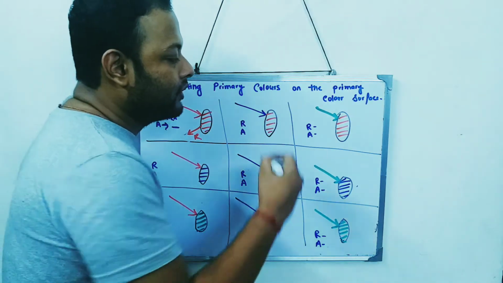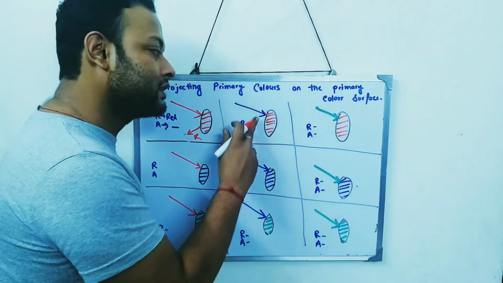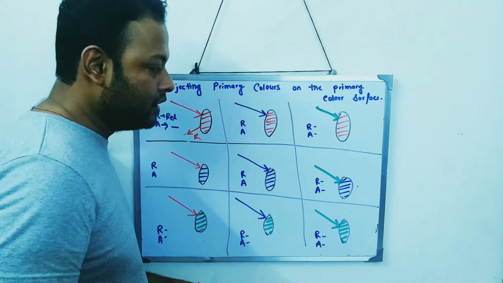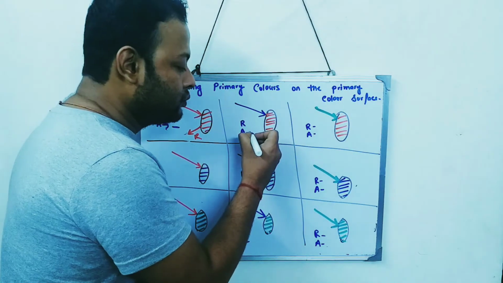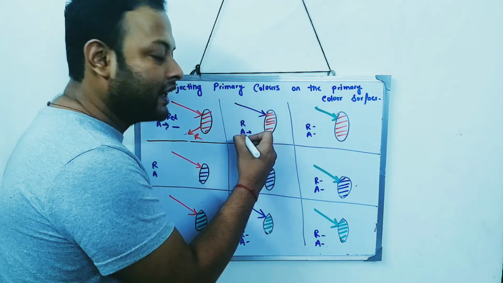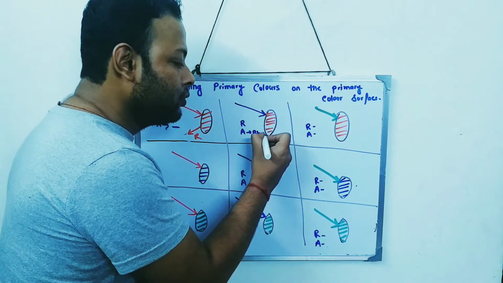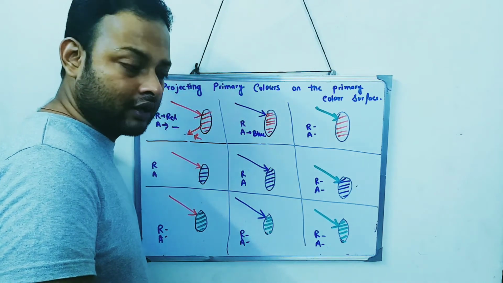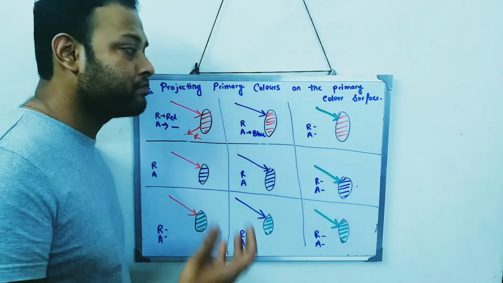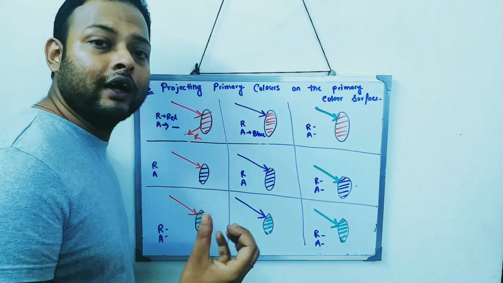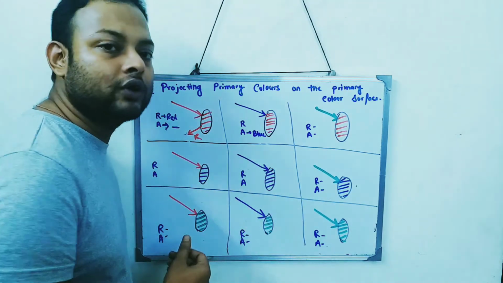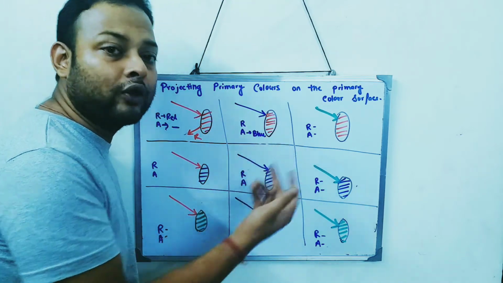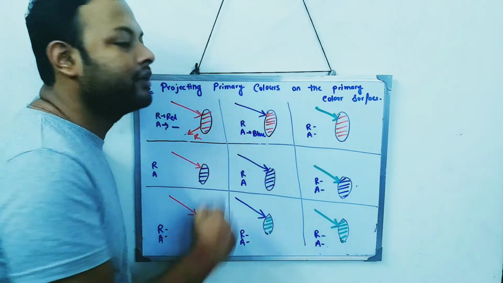The red surface will absorb this blue color. So what color is getting absorbed? The blue color is getting absorbed, because the red surface tries to only reflect the red color. Since red color is not available and blue color is, it cannot reflect the blue color, so it will absorb that blue color.